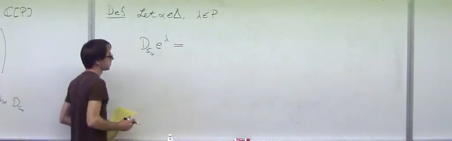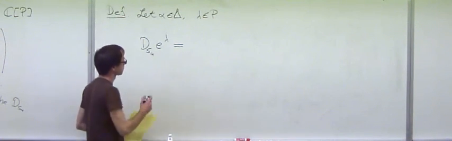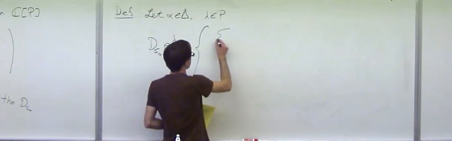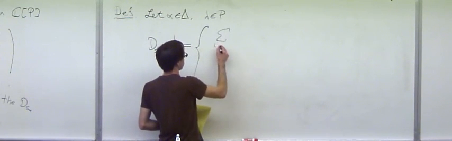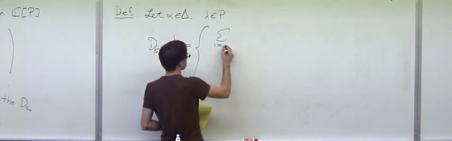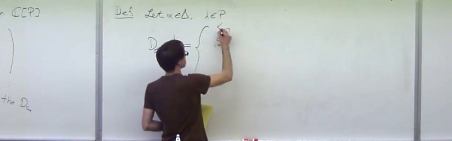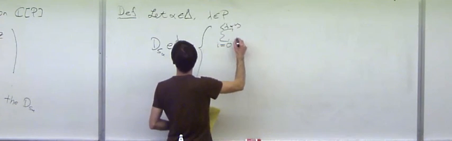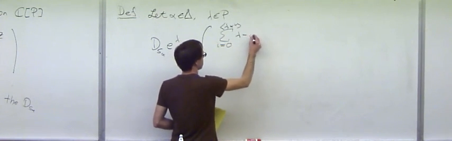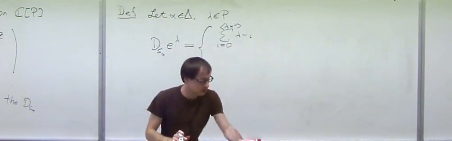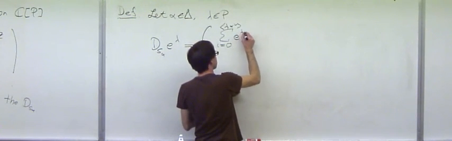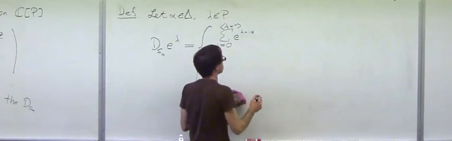So what's that supposed to be? Well, I think I wrote down this formula before. The sum from i from 0 to ⟨λ, α^∨⟩ of e^(λ − iα).